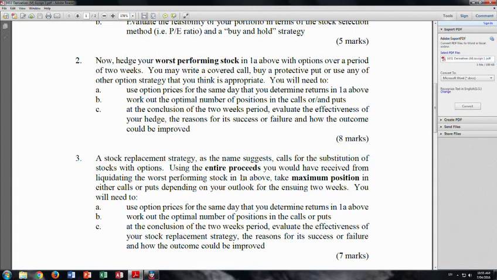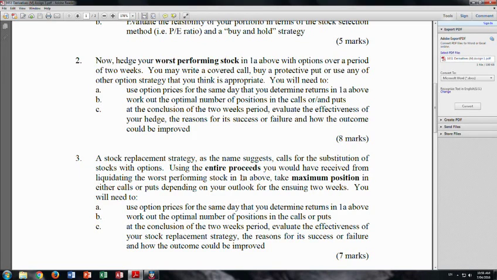Let's say that fetches you $13,500. Now with that $13,500, decide whether you want to go long or short, call or put. Invest that fully into it and evaluate the results.